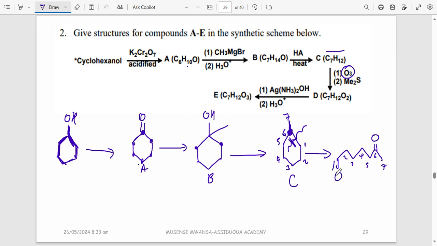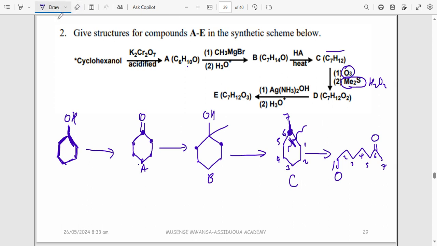Just attach an oxygen. Had we used hydrogen peroxide instead of dimethyl sulfide, we would have formed a carboxylic acid, attaching OH at the carbon at the end, not this one here because this is a ketone, but on the aldehyde end, you always attach an OH.